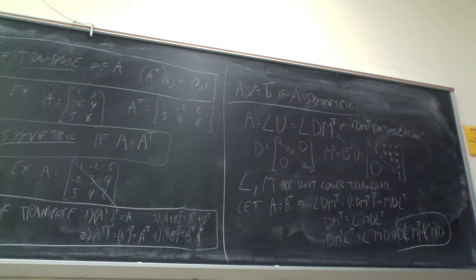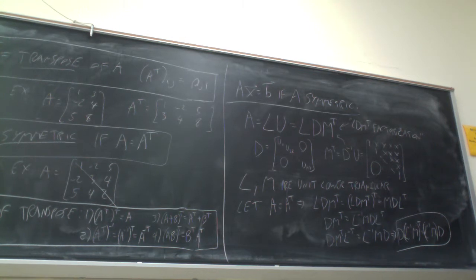Keep in mind that L and M are unit lower triangular, and recall what it means when you take the inverse or a product of lower triangular matrices. You proved that in the homework, or you'd better have by tonight.